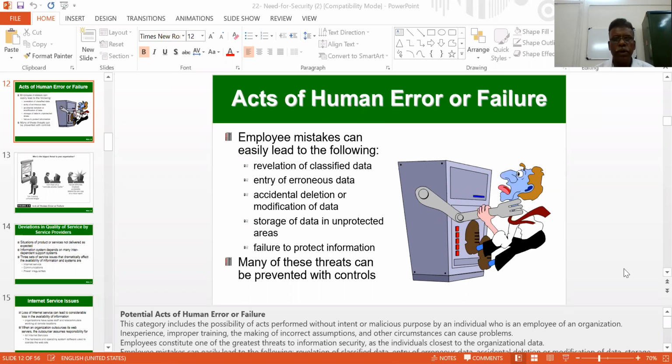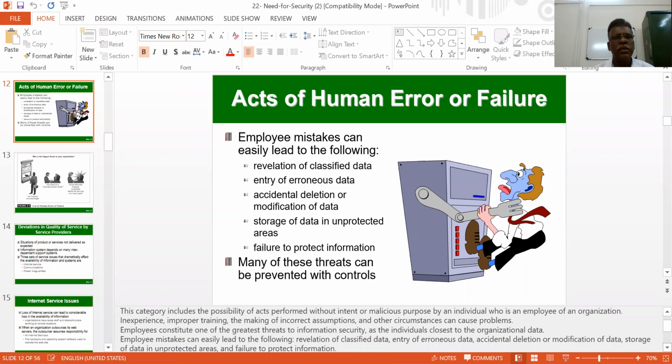Who may be an employee working in the organization, due to their inexperience and improper training, making most of the users act with their own assumptions, and due to various other circumstances, which may cause problems or failure also.